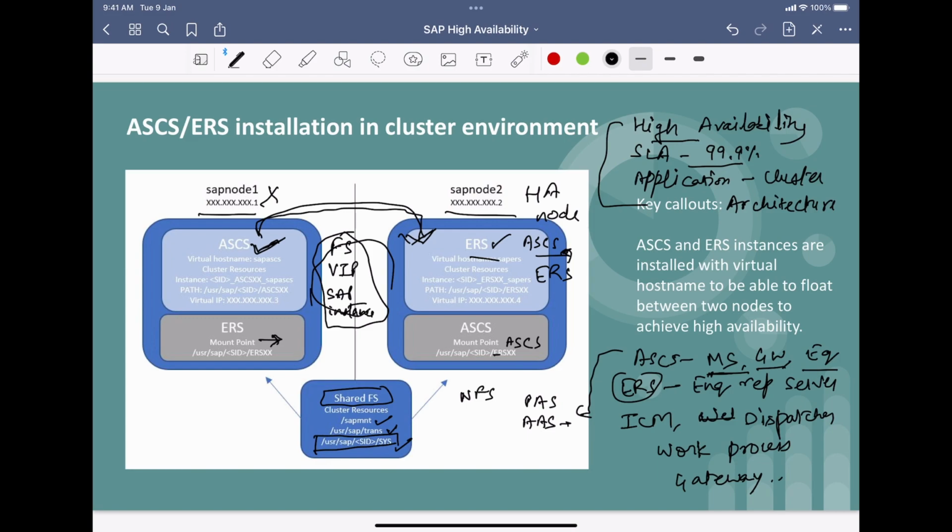So that's what is mentioned here: ASCS and ERS instances are installed with a virtual host name so that they can float between two nodes to achieve high availability. That is the core of the course so far. That's how it can be summarized.